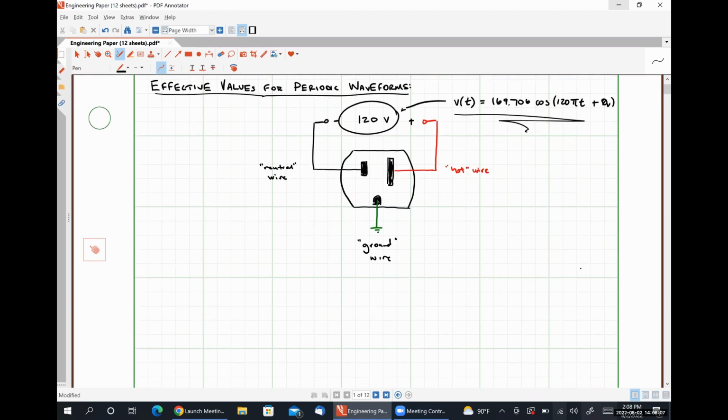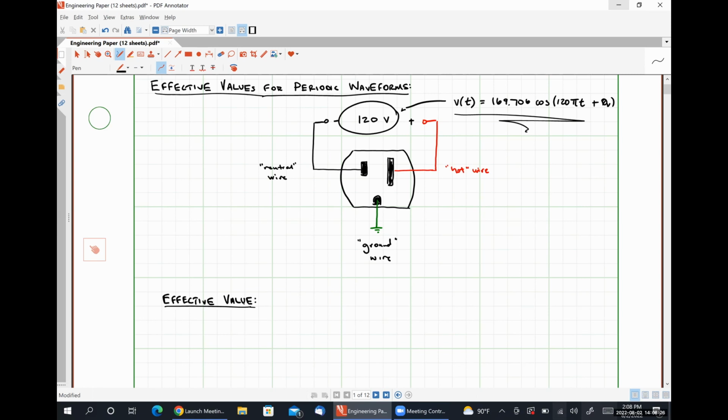So what an effective value is is this, okay?